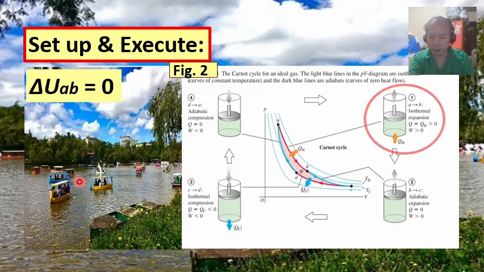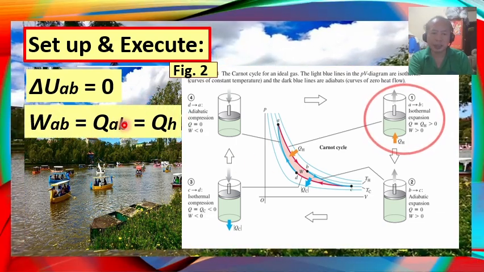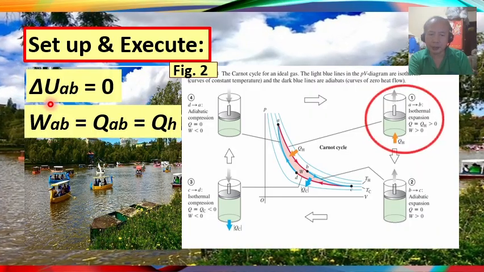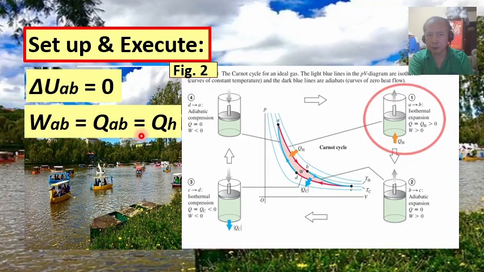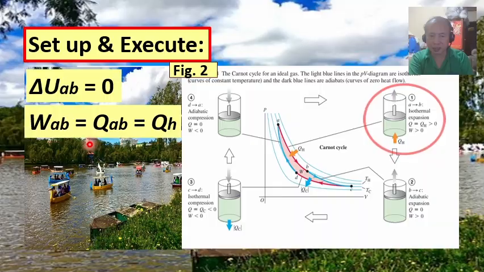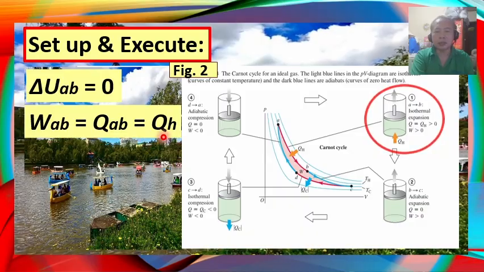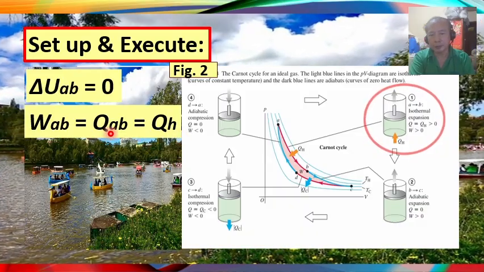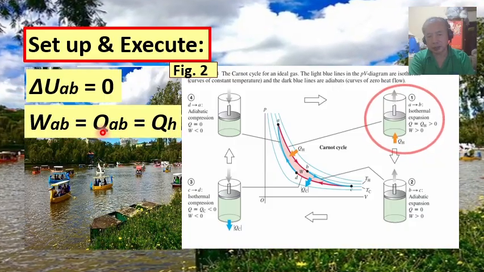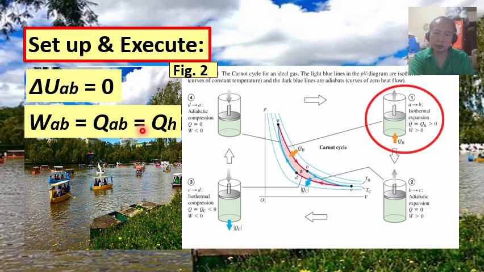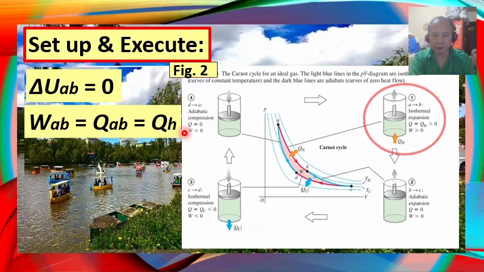And based on the first law of thermodynamics, when the temperature is kept constant, where the delta U along the path AB is equal to 0, then our equation for the first law of thermodynamics is such that the work done W sub AB is just equal to the heat that is absorbed by the system or by the gas along the same path, which is capital Q sub AB, which also is the same as capital Q sub H, right?